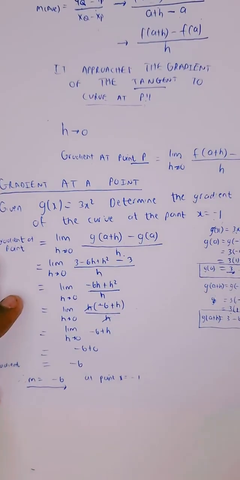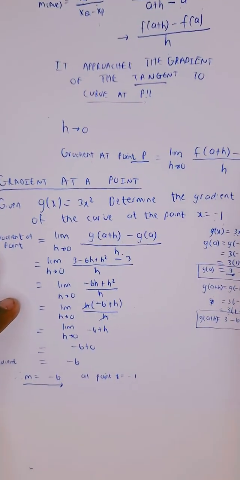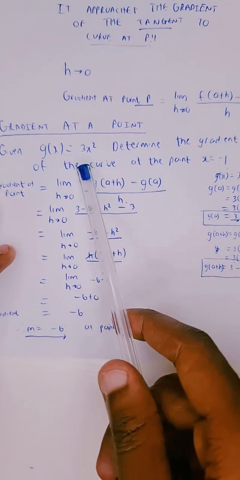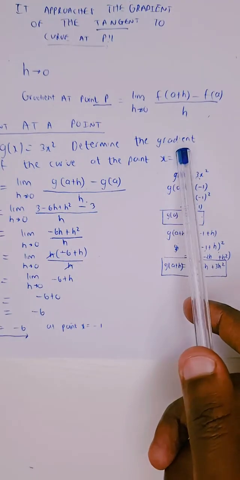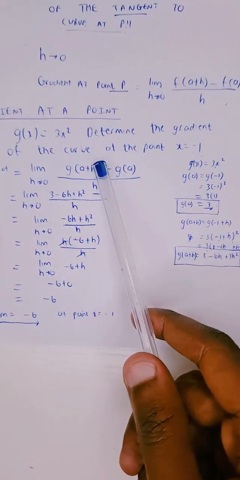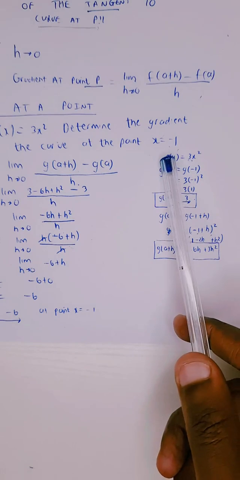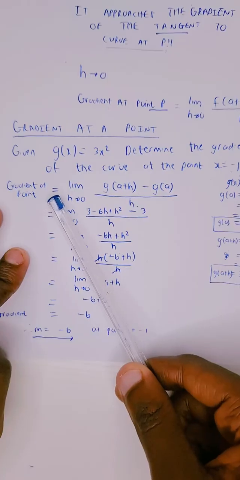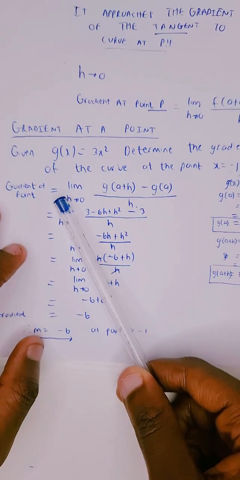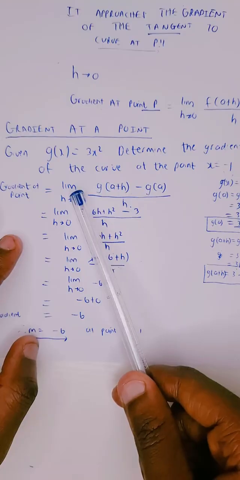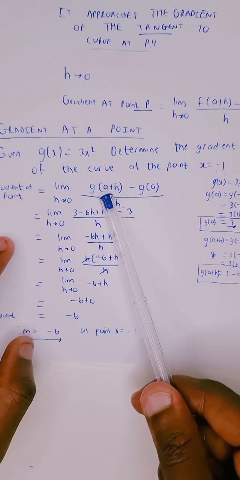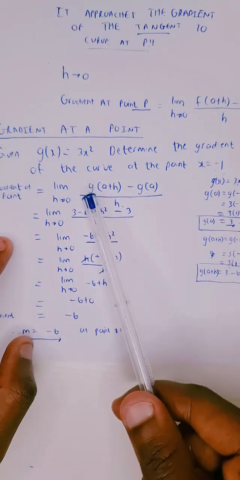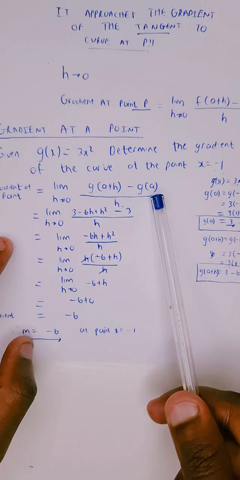So yeah, we were calculating here, guys, the gradient at a point. We were given g of x is equal to 3x squared. We were asked to determine the gradient of the curve at the point x is equal to -1. So we know the formula we use to calculate the gradient at a point is the limit of g of a plus h, because we are dealing with g of x. If it was f of x, we would have said f of a plus h minus f of a.